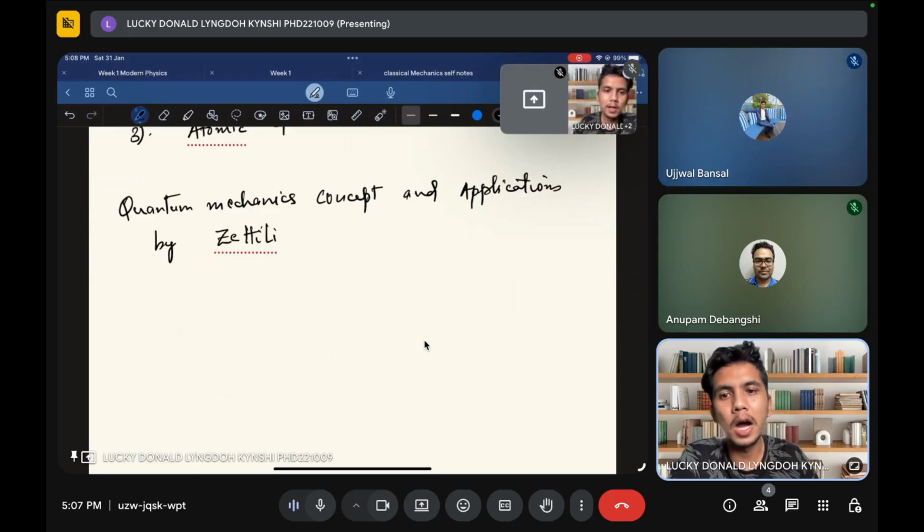This is available online in PDF format, so you can easily access it. This is one of the standard books that most people follow. It's a very nice book. It contains all the details of the introduction to quantum mechanics and so on.